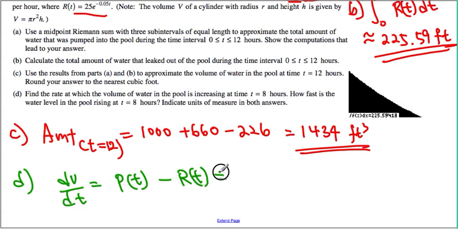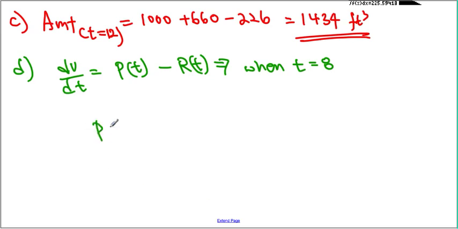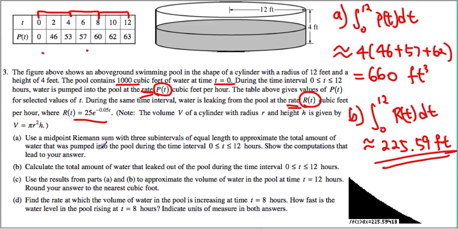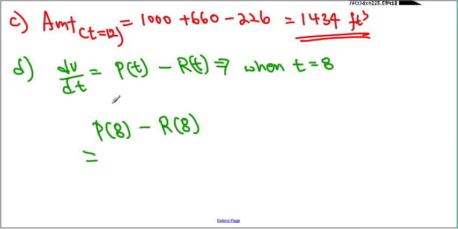Since we are looking at when t equals 8, we are looking at P of 8 minus R of 8. What is P of 8? We can figure that out right here. 60 minus R of 8.